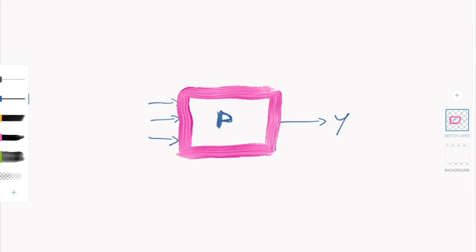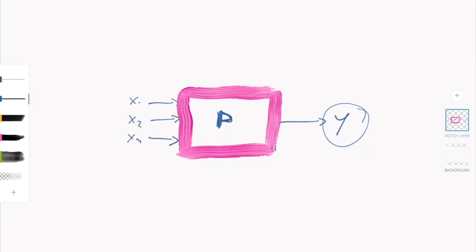Let it be the moisture of the cake, let it be the diameter of the steel bar, whatever. This is the output you're going to sell to your customer. Your process, on the other side, will have some inputs, x1, x2, xn, whatever.